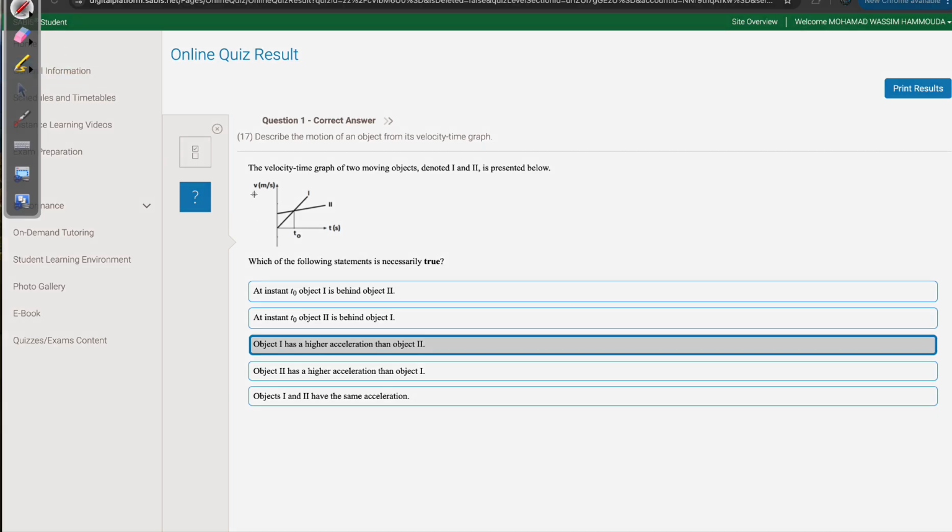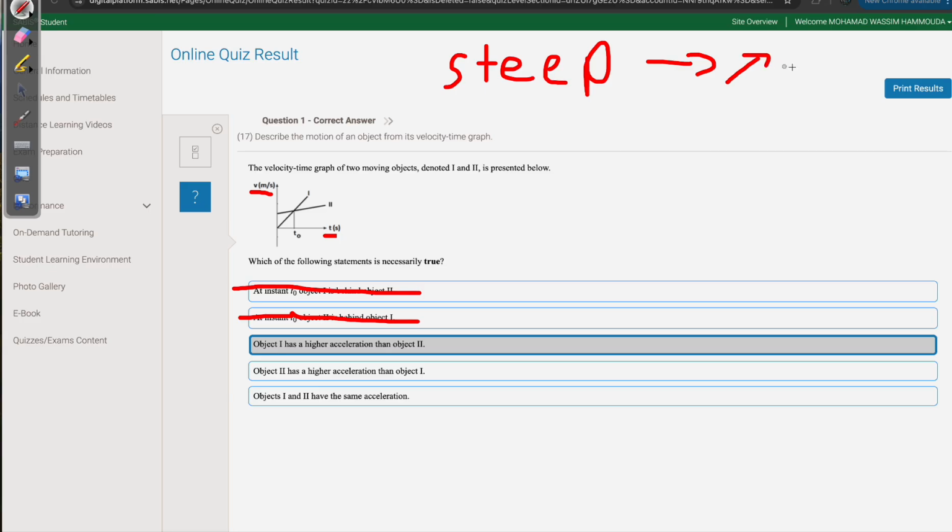First, we know it's a VT graph, so we won't know anything about the position if it's behind or ahead. So let's eliminate this. Now for the acceleration, which is the slope, the steeper it is, the higher the acceleration, since it's a VT graph.